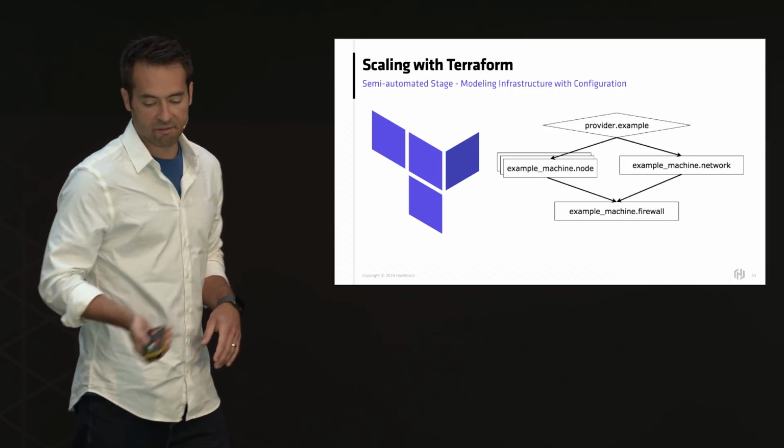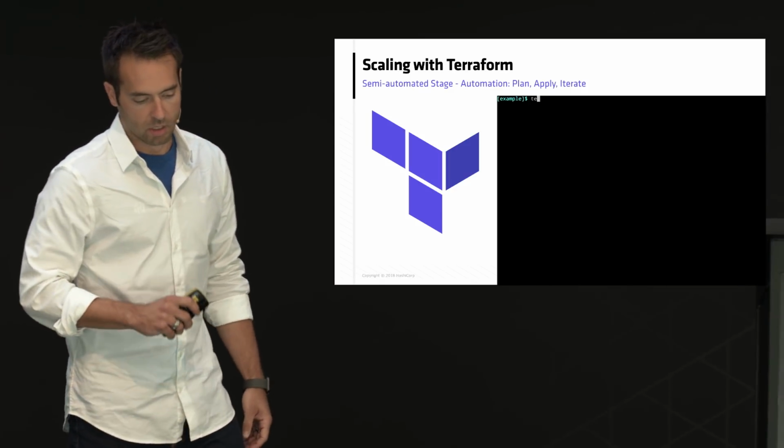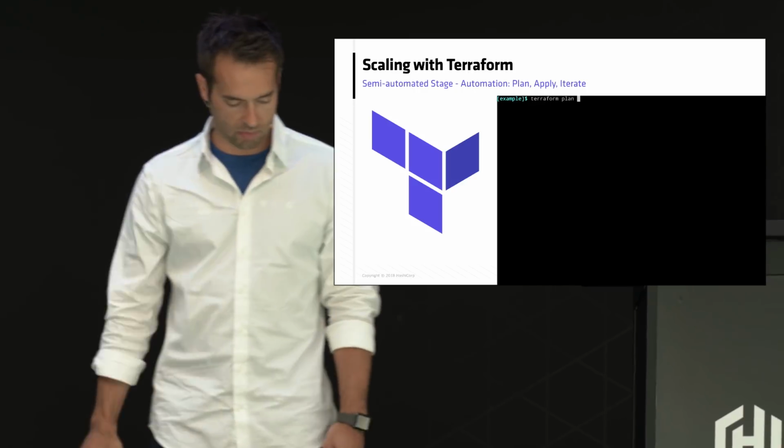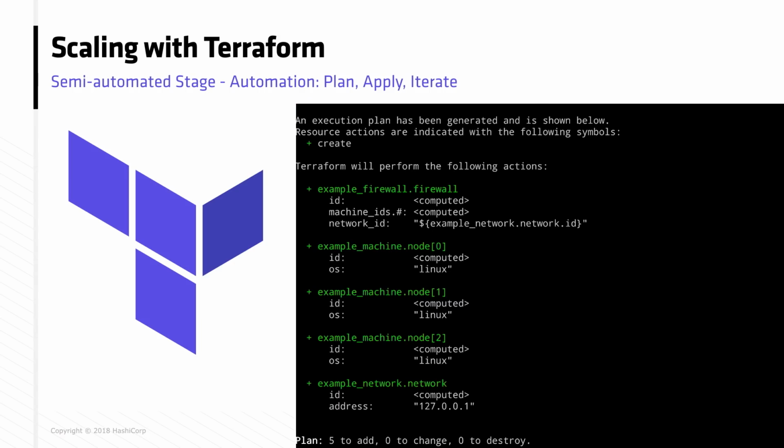So knowing the graph, knowing what our current state is, we can then automate plans. This is a quick little video I made. Here, we're taking that configuration file we had, and we say Terraform plan, and we gave it an output. We said, save this plan to a file. So Terraform says, OK, you have absolutely nothing, so I'm going to make all of these things.